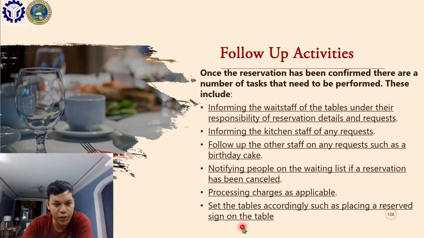So what the wait staff will do is arrange or set up the tables into a long table. They will fuse, for example, 3 tables into one. And the wait staff will also put a sign on the table showing that the particular tables are reserved. They are not allowed to be used by any walk-in guests.